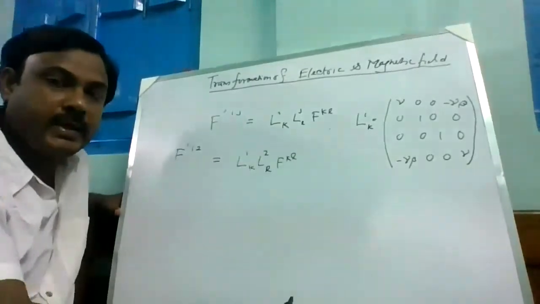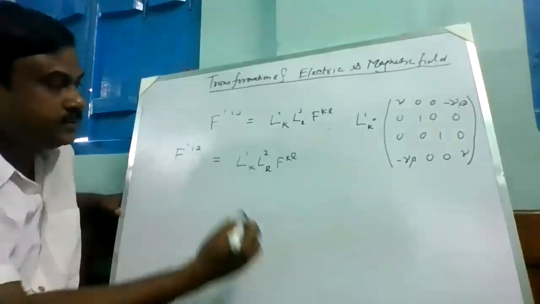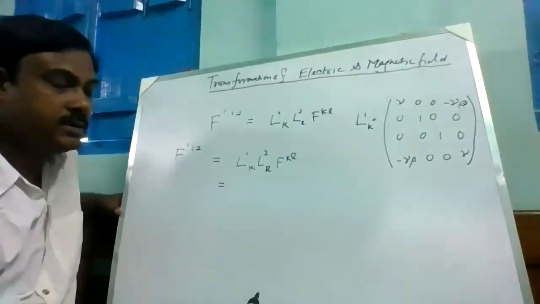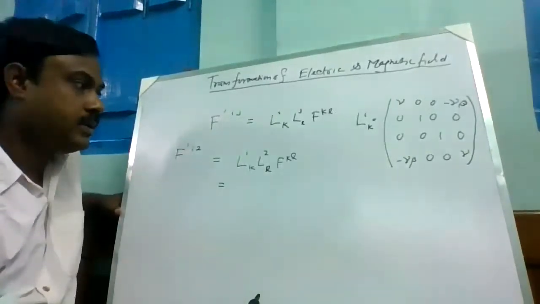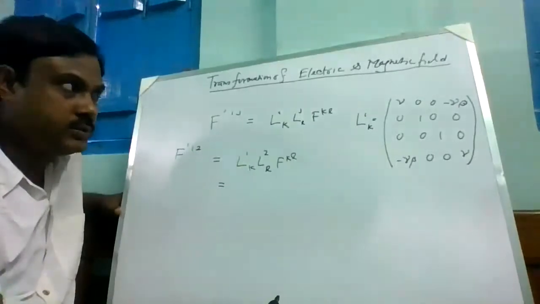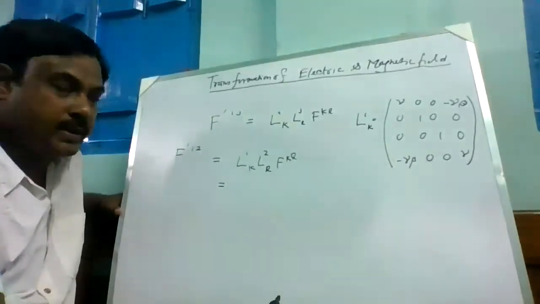Since k and l are repeated indices, this implies summation. First the summation over k, then the summation over l. Now if you look at the Lorentz transformation matrix, you will see that only a few terms are there.